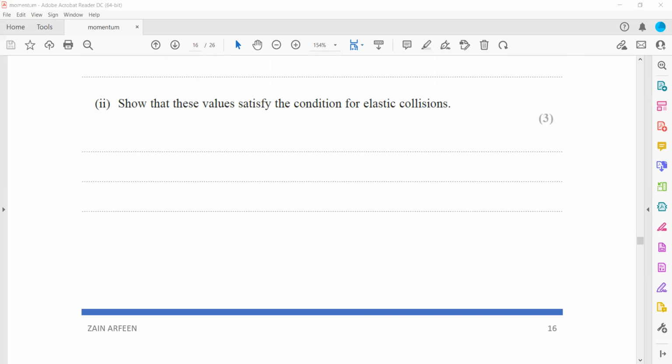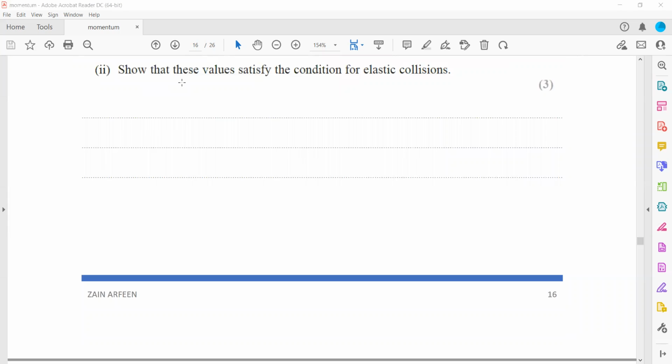So the total initial kinetic energy will be half m v squared: half the mass of each ball, 0.066, and the speed at which the first ball was moving, 0.72, and then whole square.